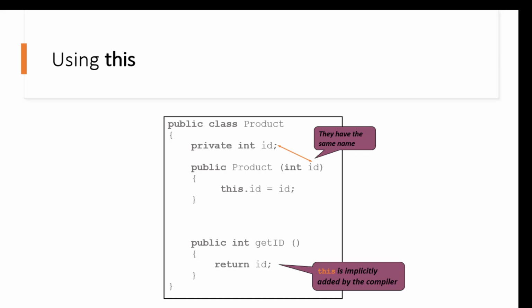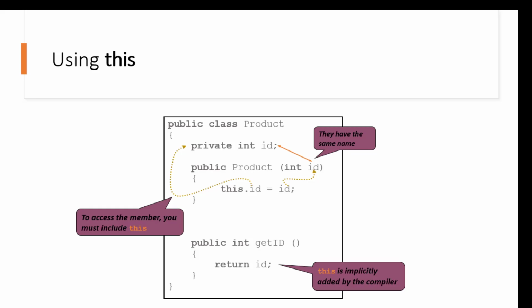But up here, when I pass in an ID, the attribute ID has the same name as the parameter ID. Java allows this, right or wrong, because of the this statement. When I say this.id, it refers to the member, as opposed to ID by itself, which refers to the local variable. This is good and bad.